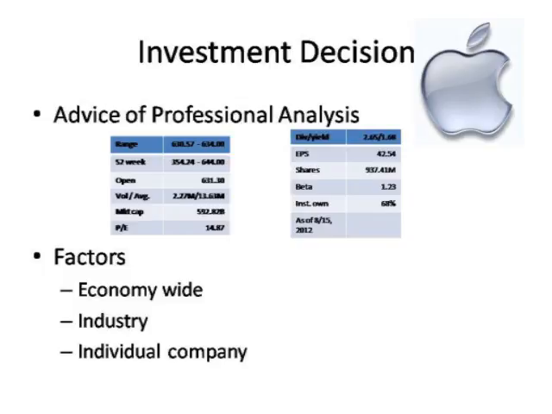For the investment decision, there is advice from professional analysts, who first take a snapshot of the market. On the slide, we can see that the daily range is about $630 to $634 per share. Over 52 weeks, the swing is $354 to $644.